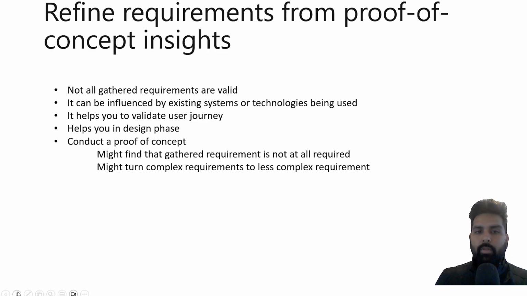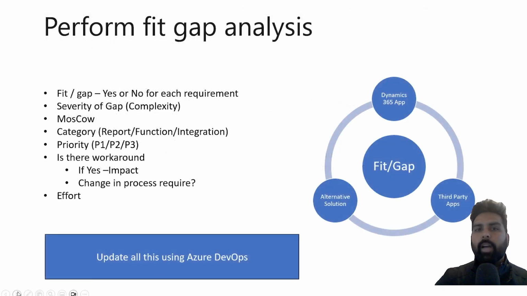So before you start your fit gap analysis, it is very important to refine your requirements using early proofs of concept and also the feasibility check. Once you are done with this, we assume that you have all your requirements which are valid and which are within the scope of the project.